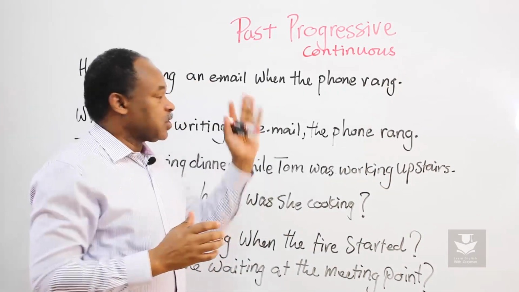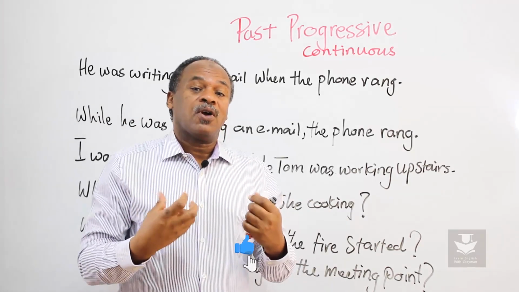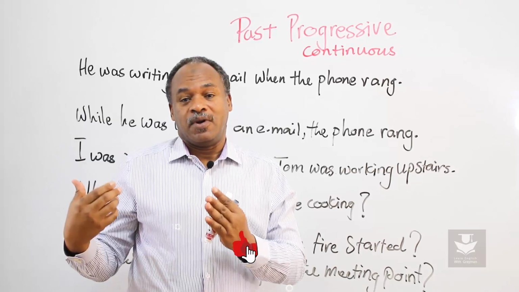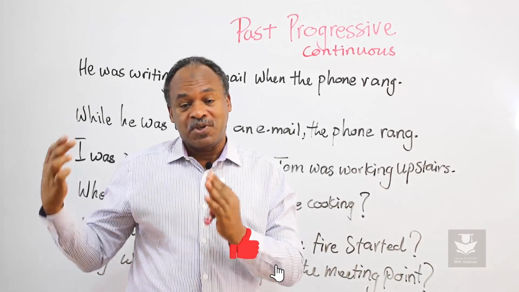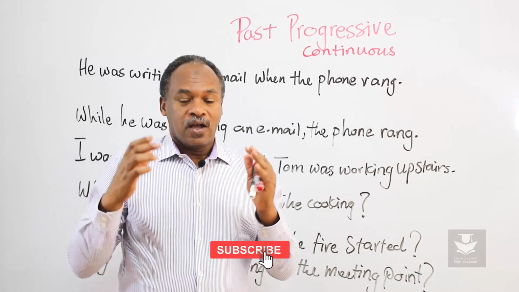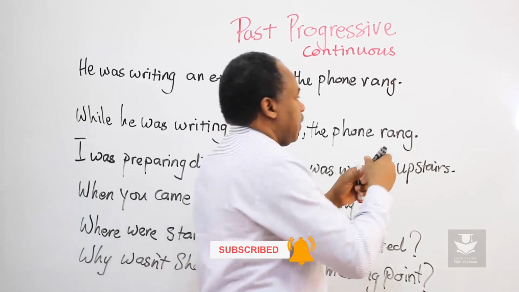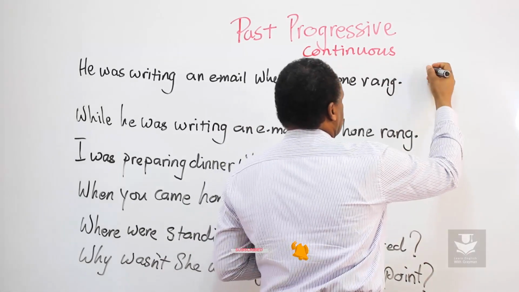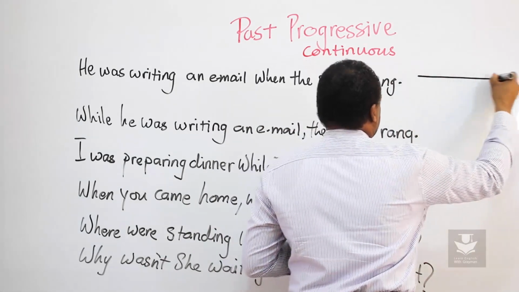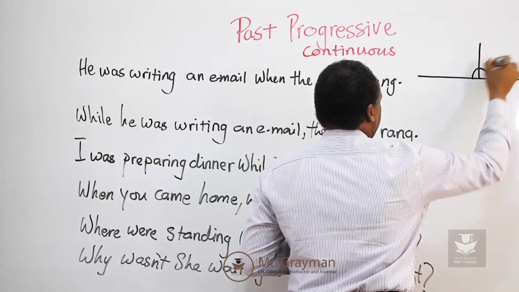We use the past progressive or the past continuous tense to talk about an action that happened in the past at a specific time. I will make it clear by doing this. This is the timeline. This is the future.